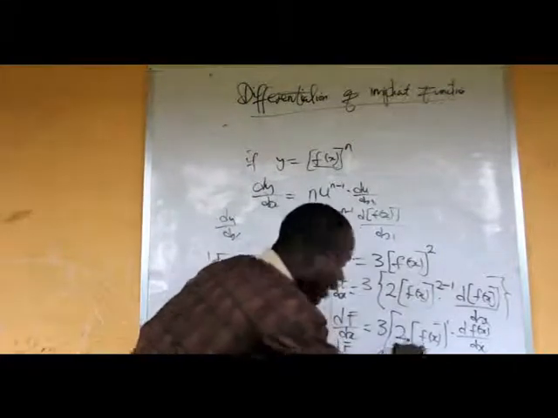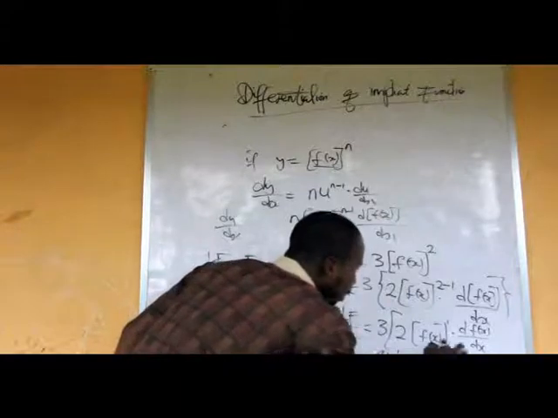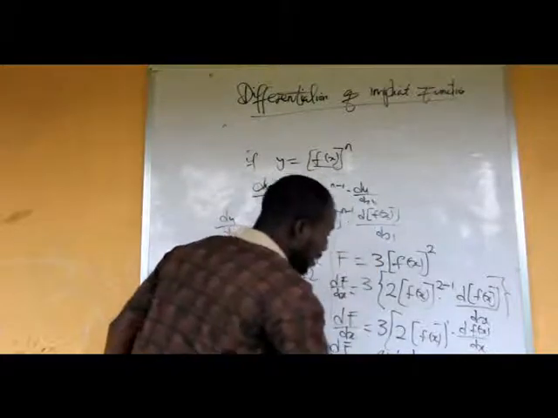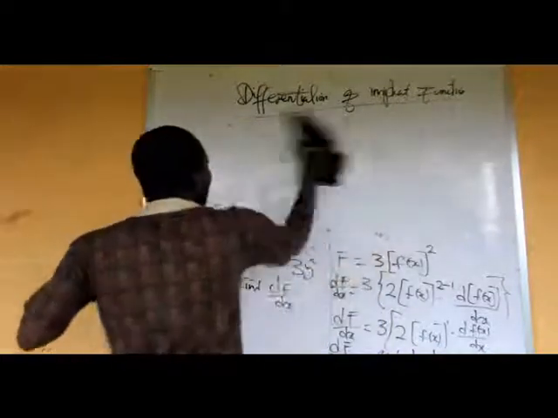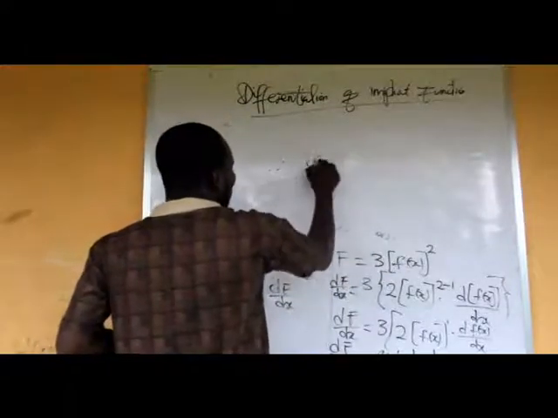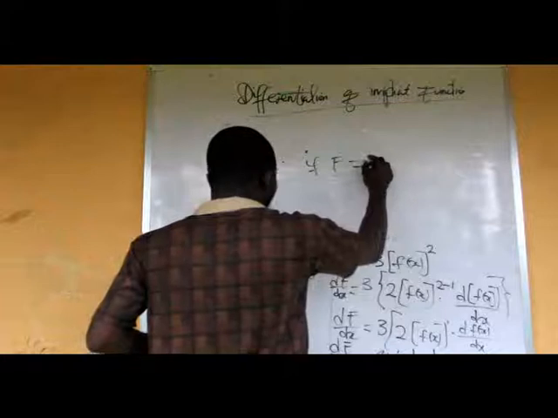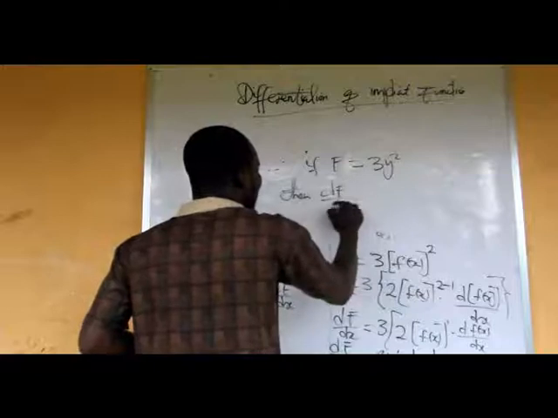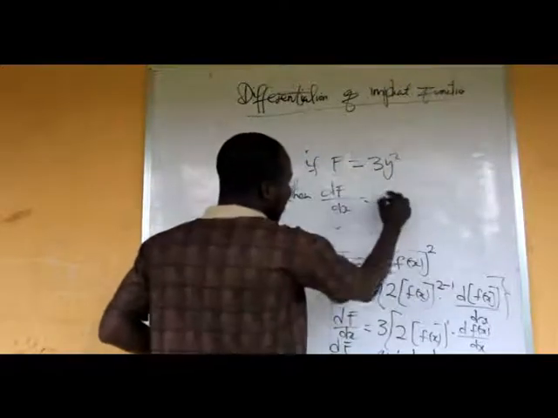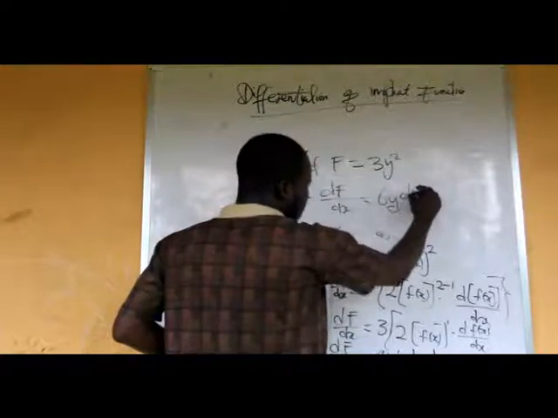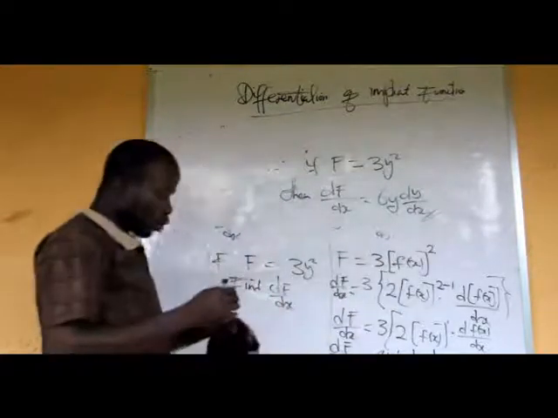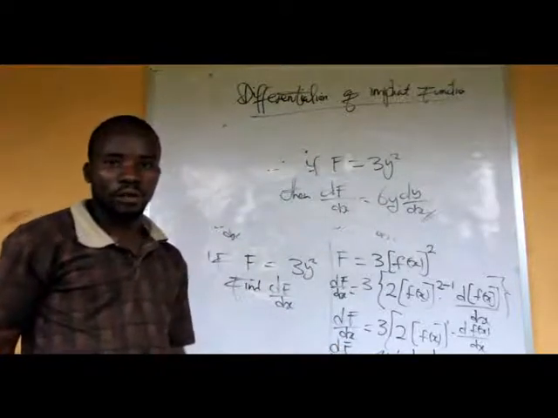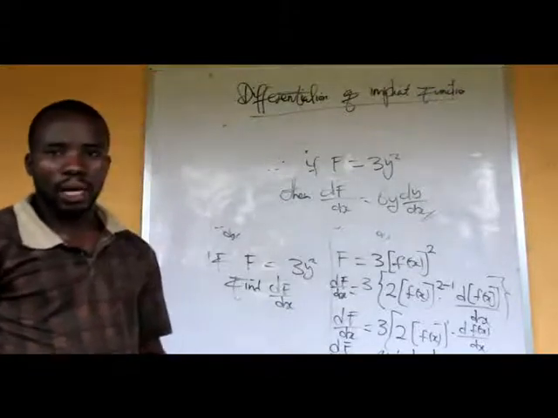We replace this by y, 6y raised to power 1, dot, remember this f of x is y, so it becomes dy over dx. So therefore, if f equals 3y squared, then df over dx will give you 6y dy over dx. So I want to use this video to show you how this dy over dx always comes in differentiation of implicit function. Now I want you to go and try this out.